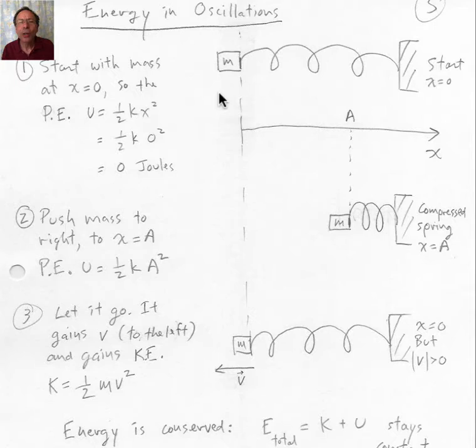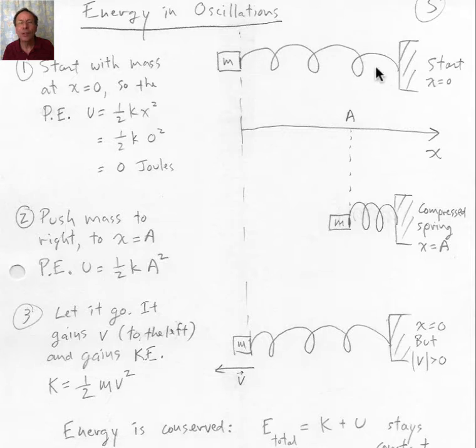So we're going to start with a mass that's on a spring. So yeah, it's all set up to do oscillatory motion. And we're going to have it sitting there at x equals 0, and it's not moving. So we have the potential energy, which is 1/2 kx squared, right?